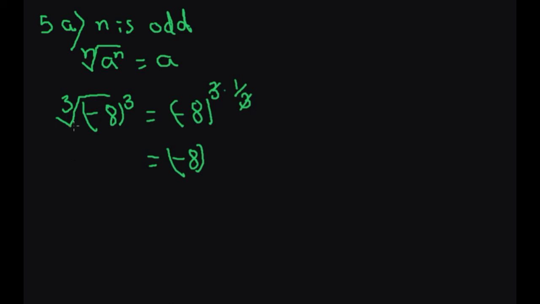Now come to if n is even. Even means the number is divisible by 2, like 2, 4, 8.